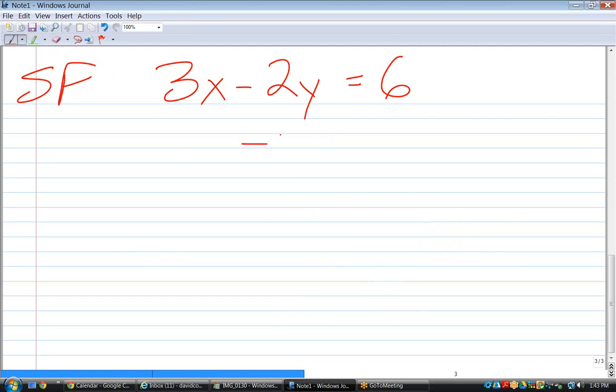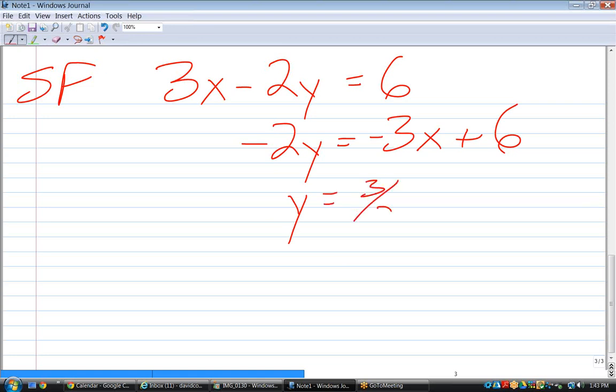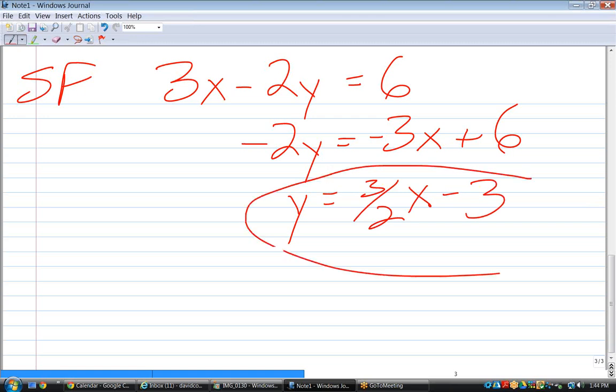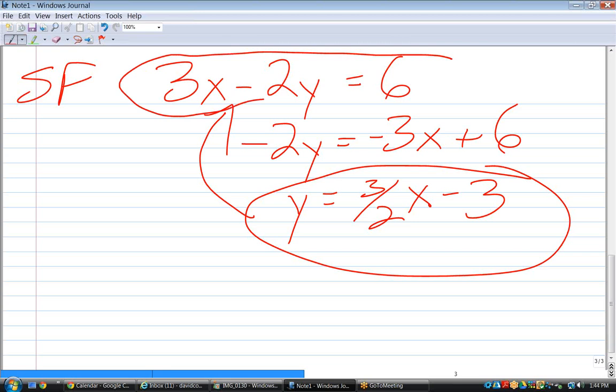In other words, let's solve it. I'll move the x to the other side. Then I'll divide by minus 2. It's important to understand that this is the same equation as that. It's just in a different format. Right. It's the same straight line.